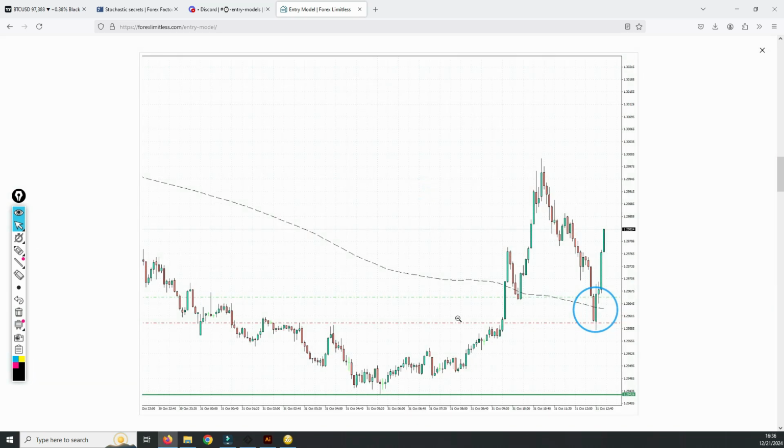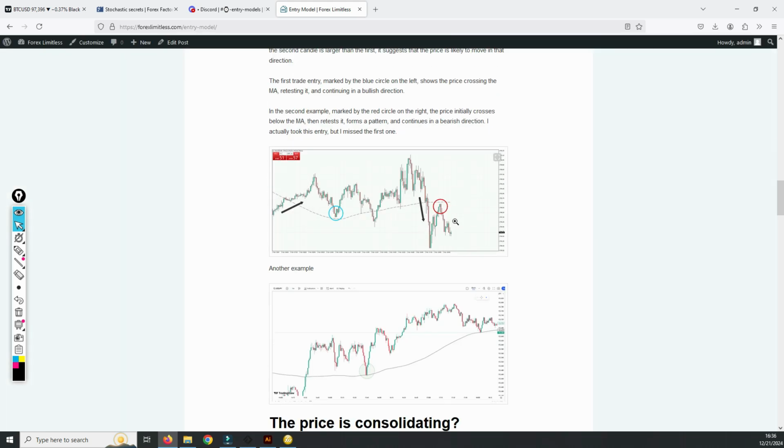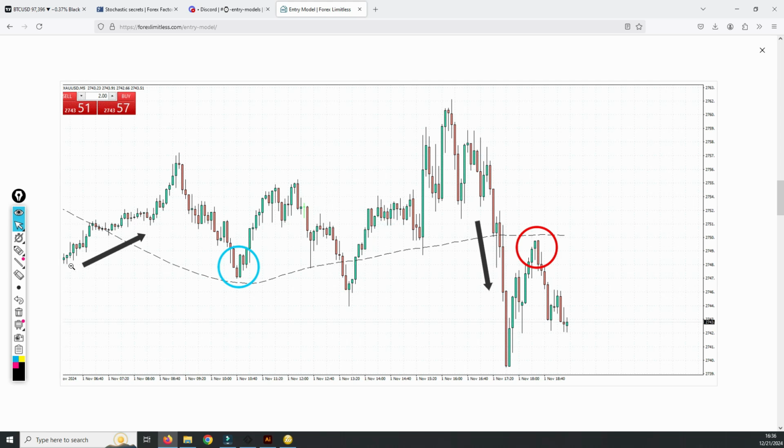And this is another example. Again, price breaks above, retests moving average 200, creates a pattern, and then we are entering a buy position. This is only for my journaling, so I decided to share everything. Here is the same. This is an example of a bullish, this is an example of a bearish pattern. Price breaks and closes above moving average 200, retests it, creates a pattern, we are going to buy.